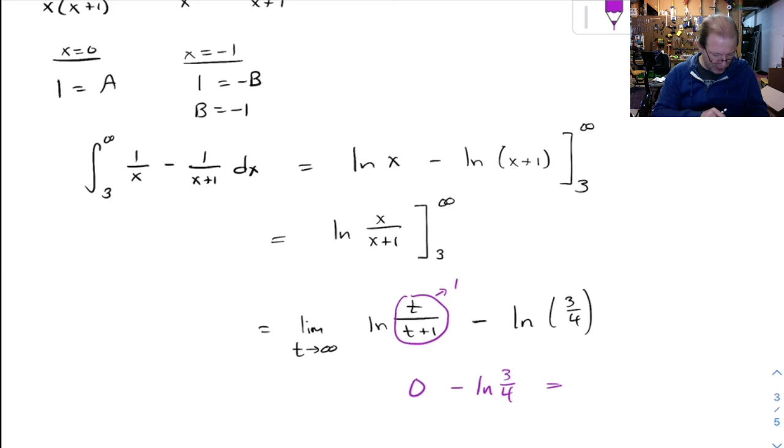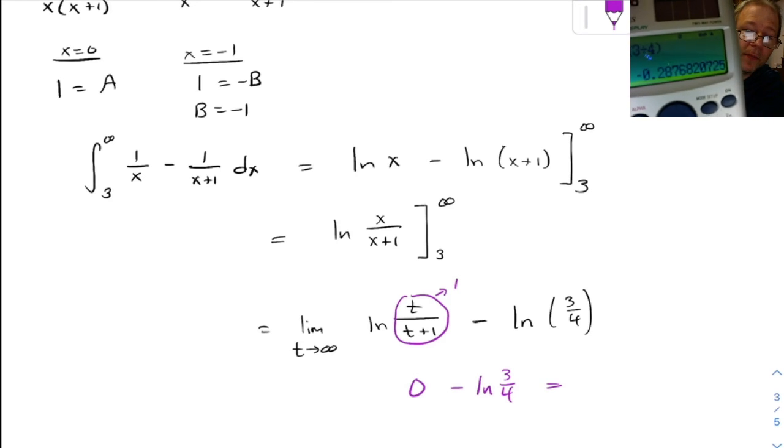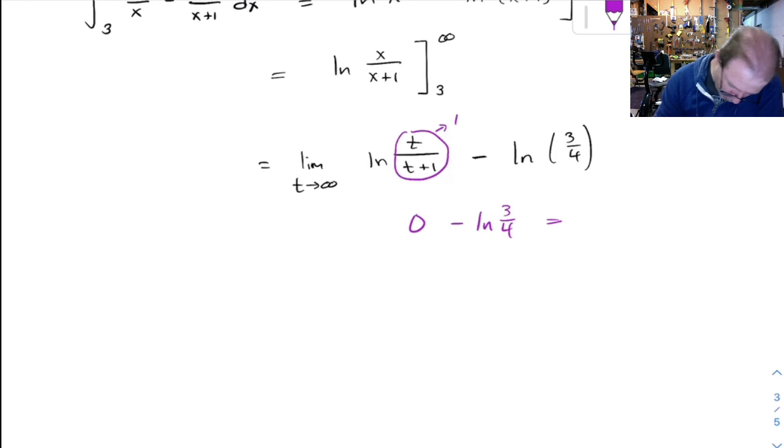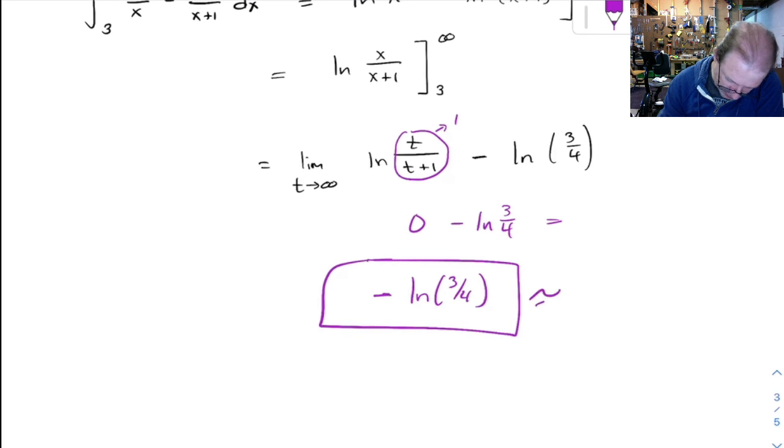If I put in ln of 3/4, my calculator, sure enough, gives me a negative number. So I could write my answer as minus ln of 3/4, which is approximately 0.2877.